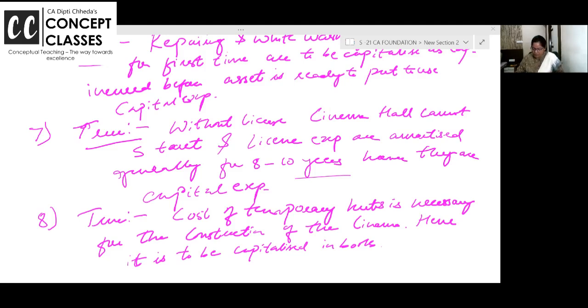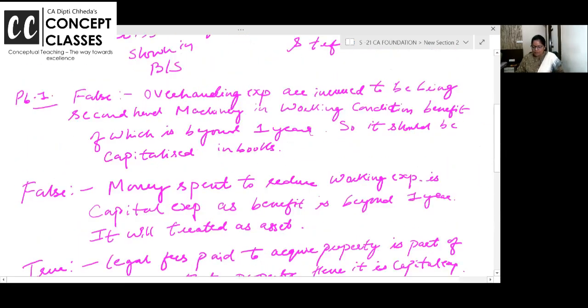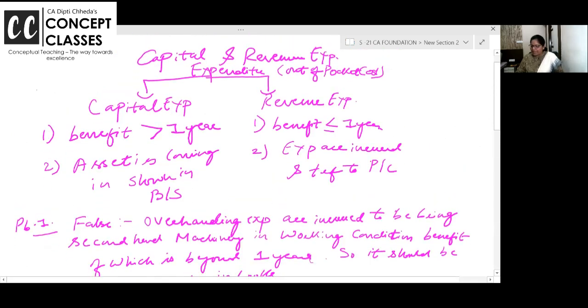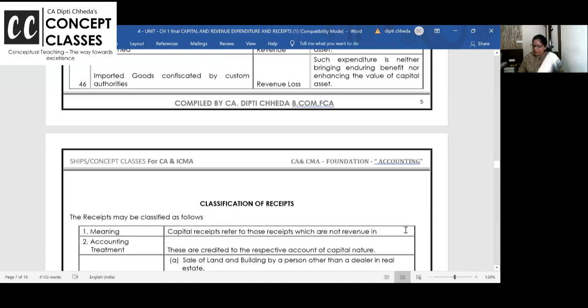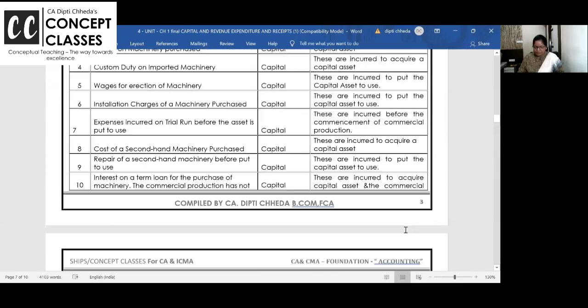Okay. So this is how you have to attempt the capital and revenue expenditure. Like that, we have now capital and revenue receipts also. Look here, we'll go up and do some theory now.